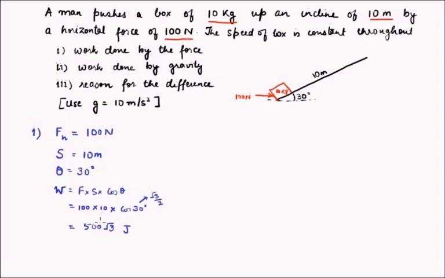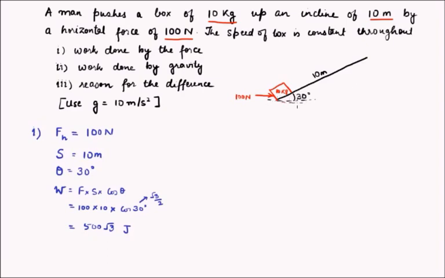The second way would have been taking the component of force in the direction of the displacement. Or the third method would have been taking the component of displacement in the direction of the force. Let us try the third method. To do that, we first need to find components of the displacement.